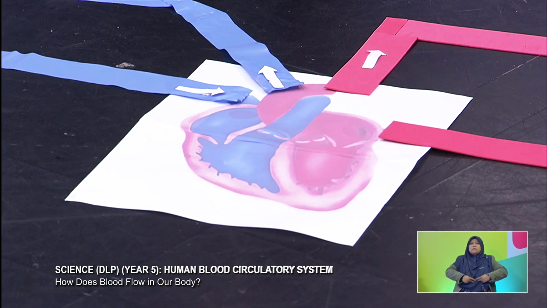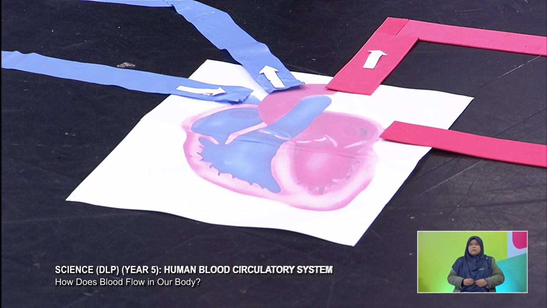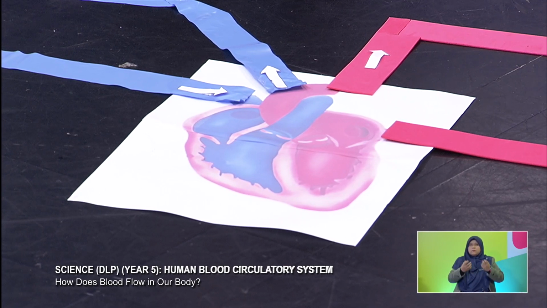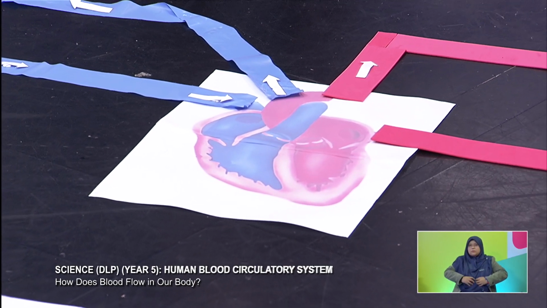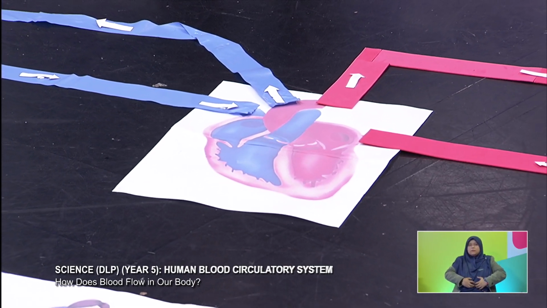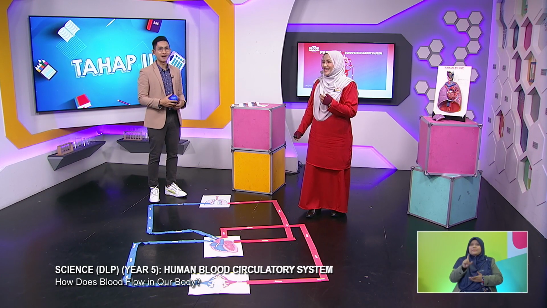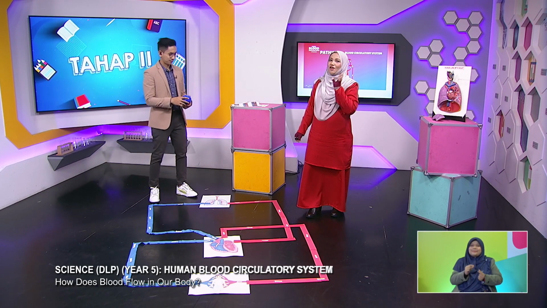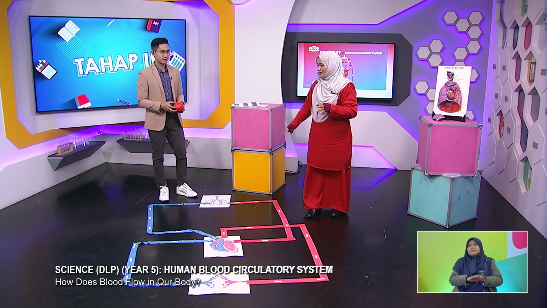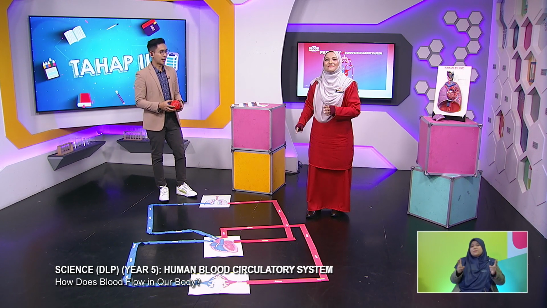At the lungs, the carbon dioxide will be exhaled through the trachea and nose. All that happens in one breath. Wow. Blood flow is very, very high speed.